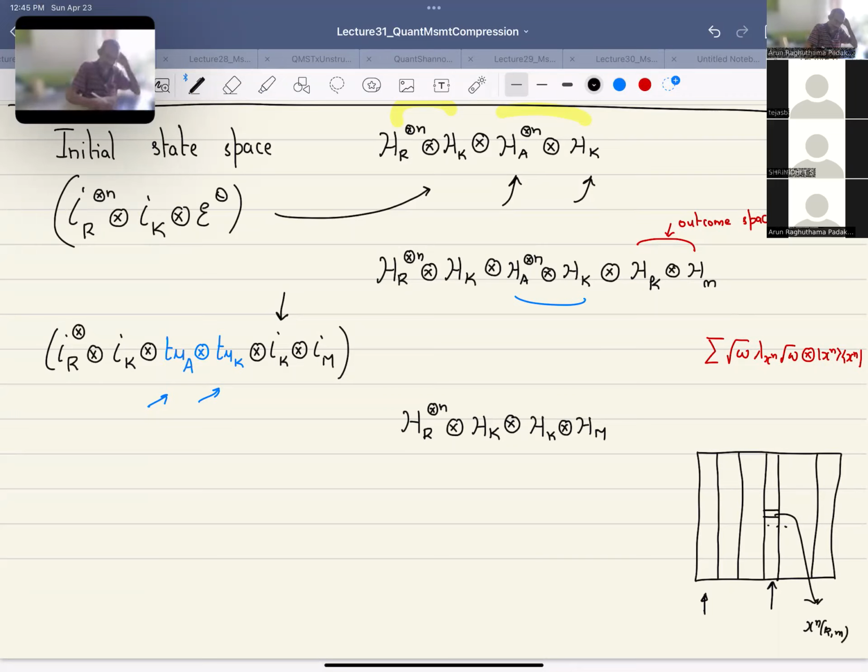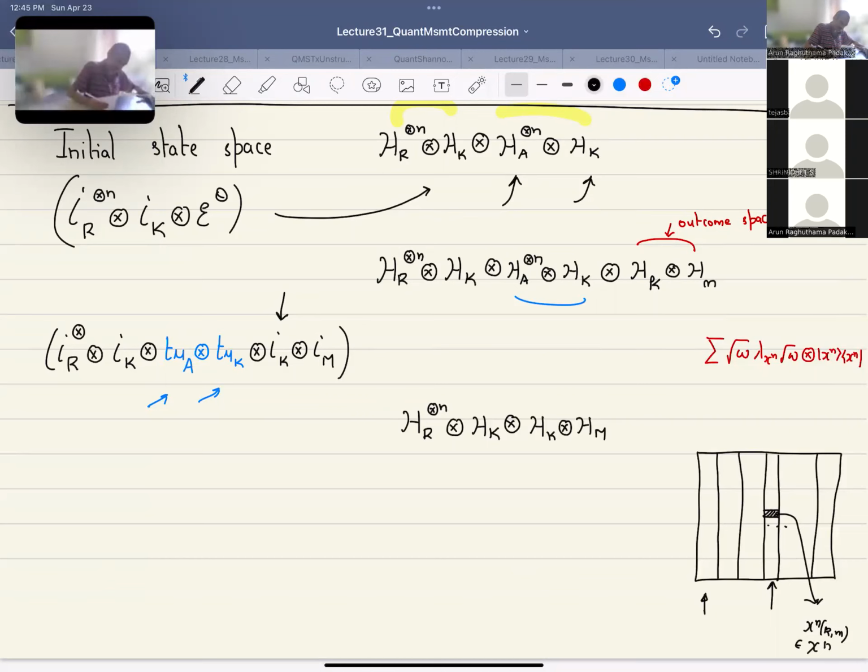Remember, Bob will do something very simple. If he sees k comma m, he will display that x of n comma k comma m is the outcome of the measurement. That's it. These xn's are all inside xn, right? So it's a valid outcome. Yes, it might be screwed up, but he can always say that the outcome is xn of k comma m. That's what he'll do.